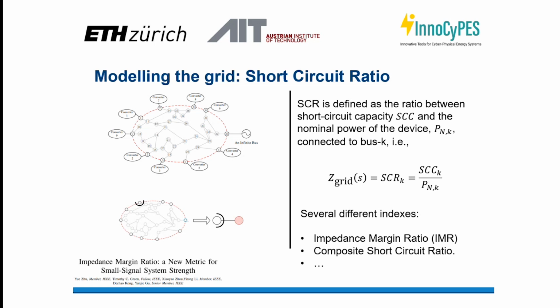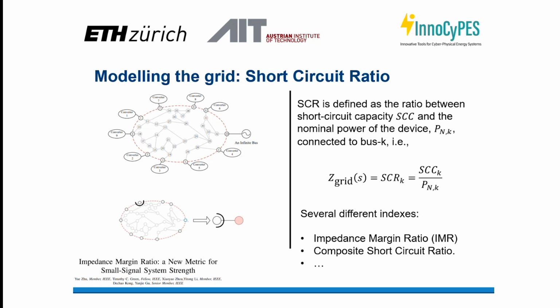This is not generally true, but it helps us to analyze the system, and is something really easy to obtain. Nonetheless, there are several different indexes, as I already said. For example, the impedance merging ratio, which is newly proposed, and you can find all the explanation in here.